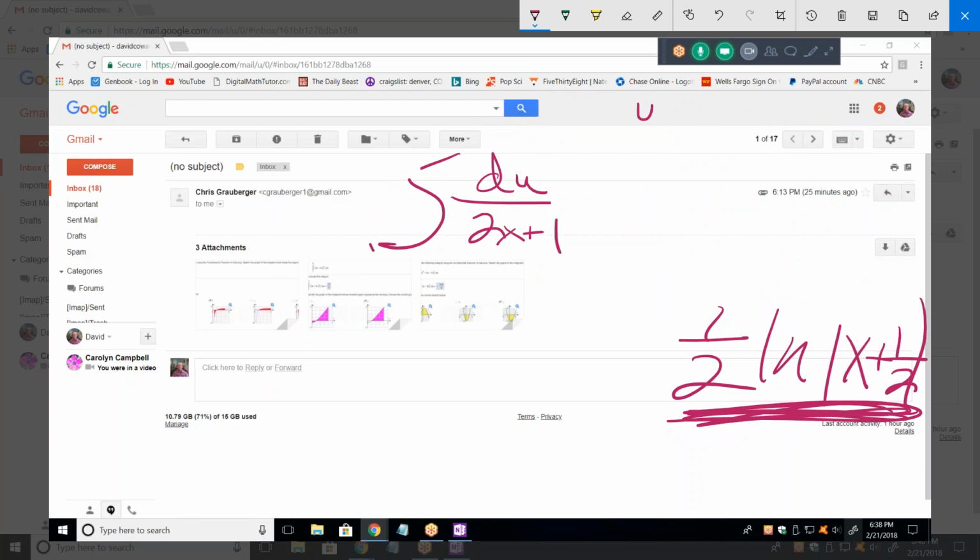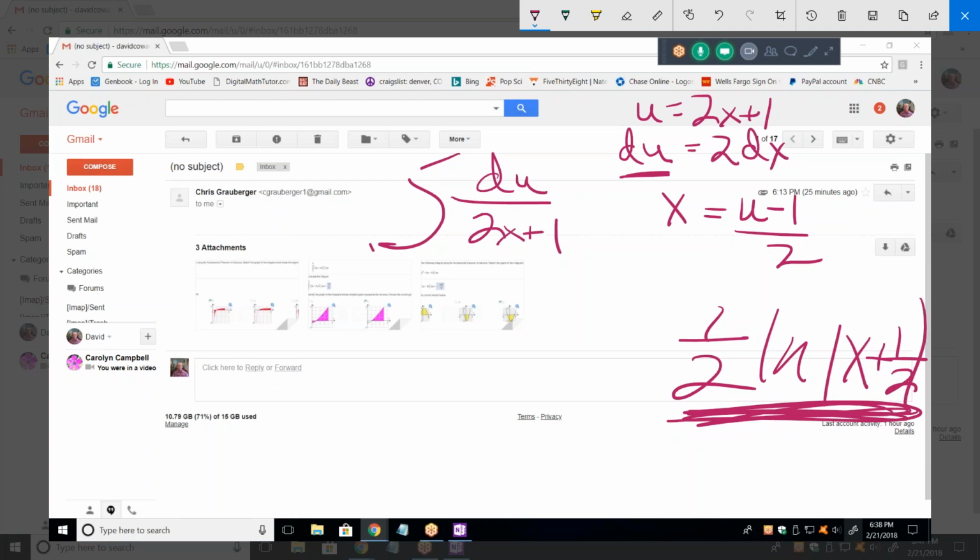So if I let u equal 2x plus 1, it certainly makes du dx equal 2. Furthermore, it makes x equal to u minus 1 divided by 2. So now, if I merely substitute everything, for du I'm going to write 2 dx.